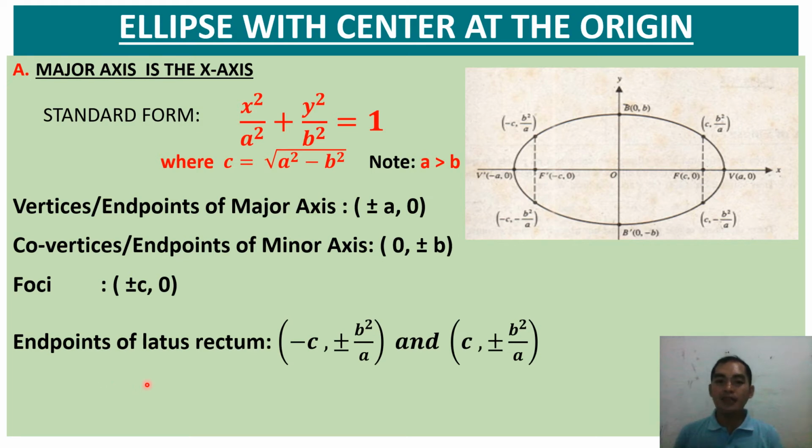The endpoints of the latus rectum are represented by coordinates negative c, plus or minus b squared over a, and c, plus or minus b squared over a. And the directrix is x equals plus or minus a squared over c. Kung ano ang major axis niyang variable, meaning yun din ang variable na gagamitin sa directrix.